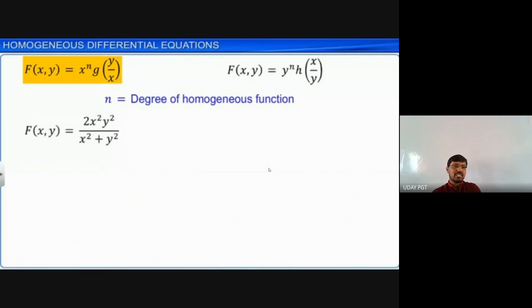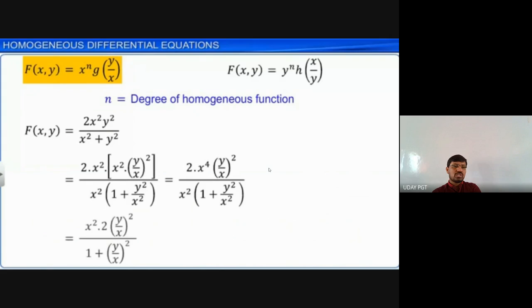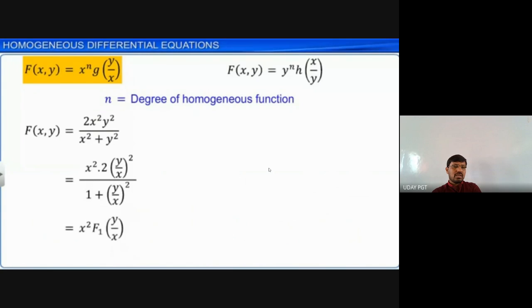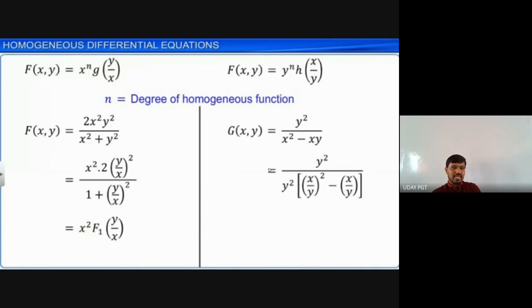So the given function is f of x comma y equals 2x square plus x by x square plus y square. In that situation, taking x square common, we can write this in the form x square into f of y by x.